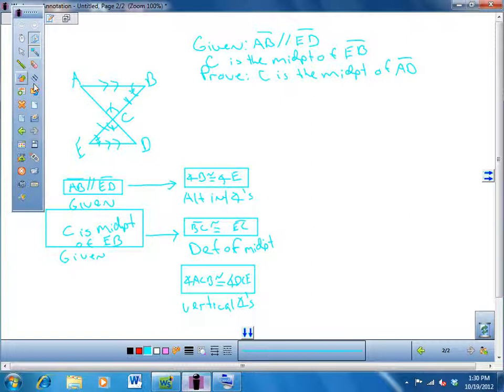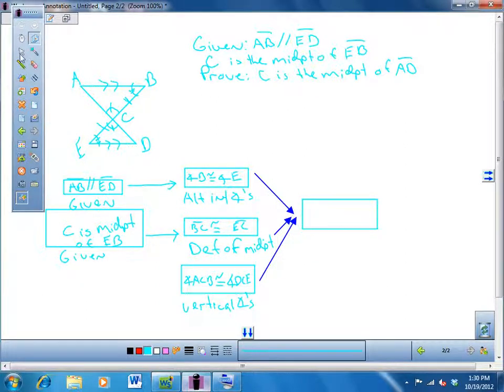Now I can take my three pieces of information, okay, put them together to reach the conclusion that what's got to be true? No, not yet, I can't. First I have to say that the triangles are congruent.